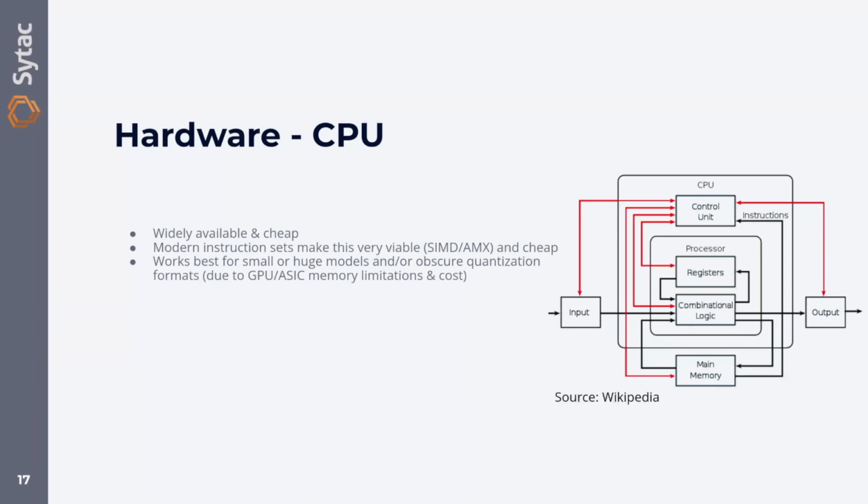So CPUs, even for large models, I'll show it later, are doable if you want to go for cheap and easy solutions. It works best for either small models or very large models, because usually with large models you run into memory limitations for your GPUs. You need very expensive hardware. And RAM for a CPU is very cheap compared to GPUs. So either small models, because they're very quick, even on CPUs, or very large models, because then you can bypass memory limitations very easily.